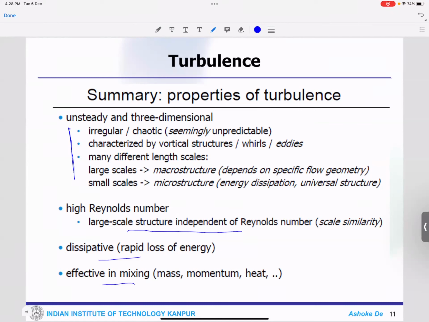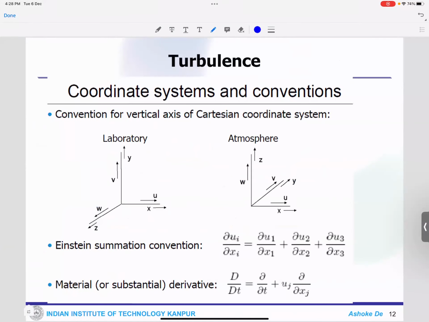Okay. Now if you have a coordinate system, the conventional Cartesian coordinate system, you have the material derivative of any variable.